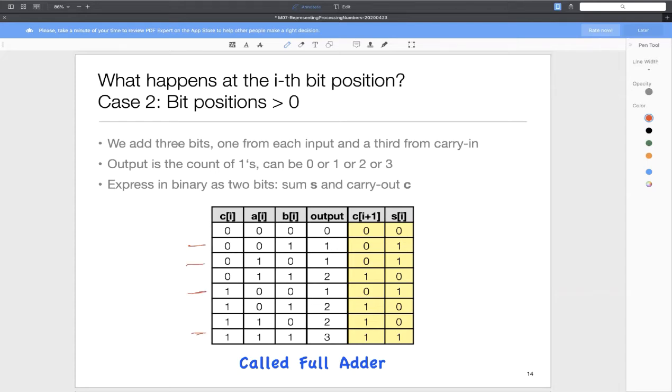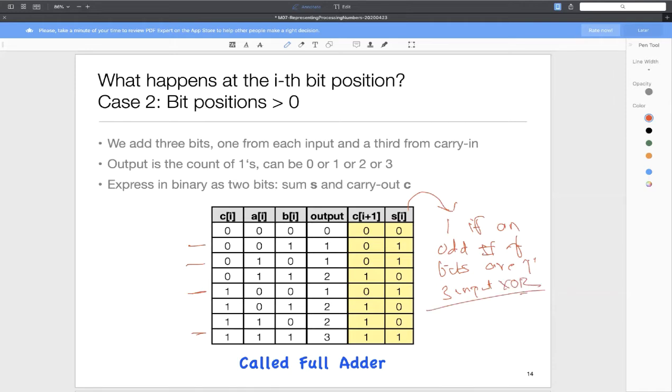So another way of saying is odd number of bits are 1. So this is 1 if an odd number of bits across those 3 are 1. And do you recall what this thing is called? That's a 3-input XOR.